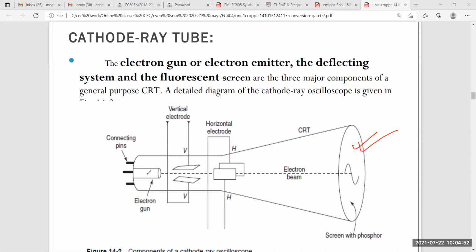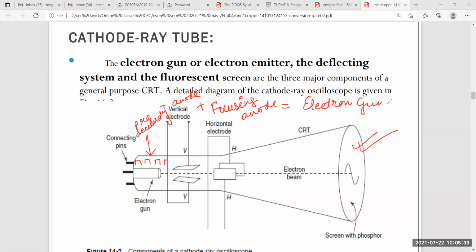Behind the vertical deflection plates, you will see the pre-accelerating anode or focusing anode. So the pre-accelerating anode plus the focusing anode together is called the electron gun.